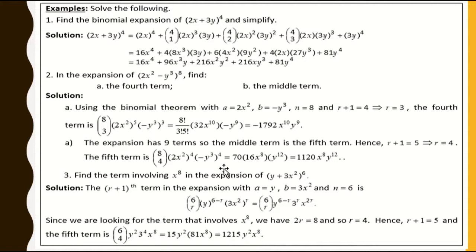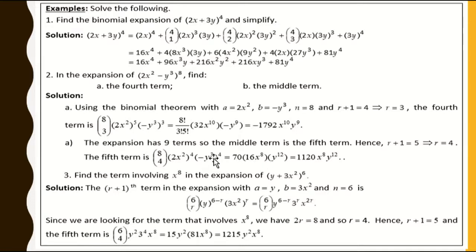okay, where did we get 70? Our 70 comes from 8 factorial over 4 factorial times 8 minus 4 factorial. So that gives us 70. Then, 2 to the power of 4 is 16. X to the power of 2 times 4 is x to the power of 8.